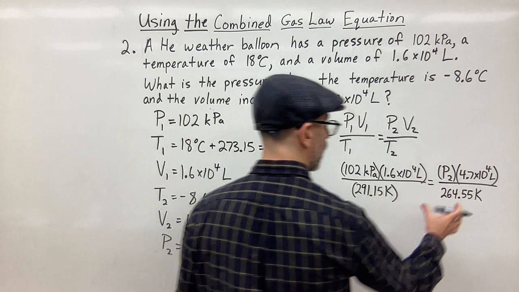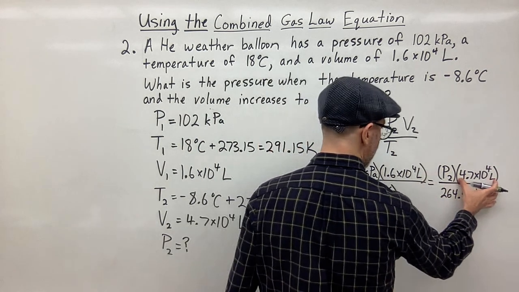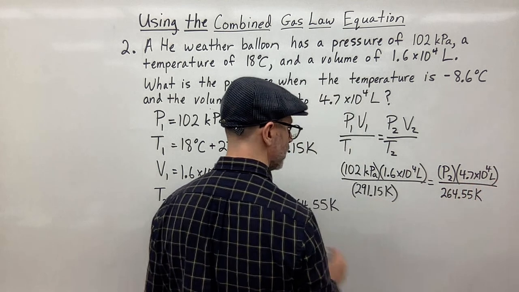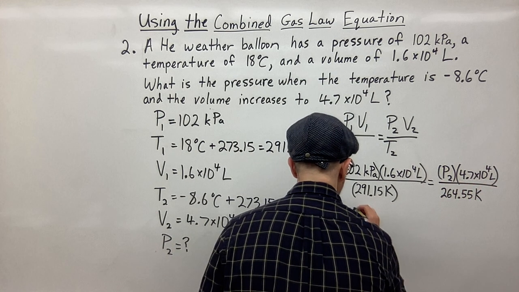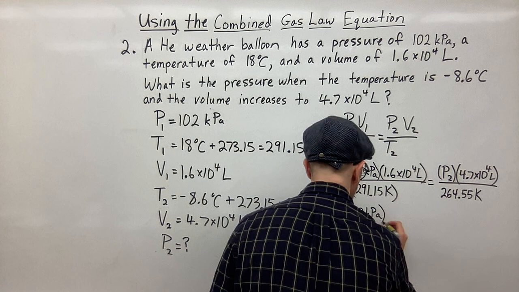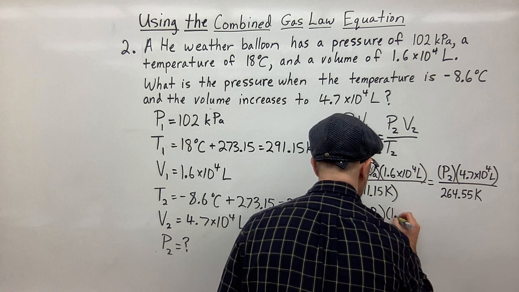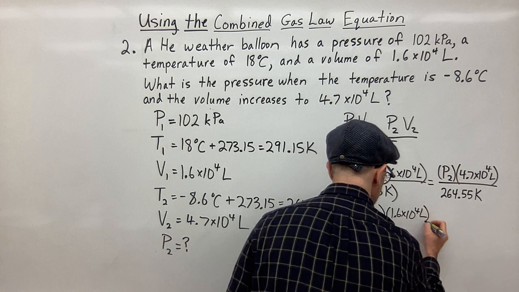So we're going to multiply by this on both sides. We're going to divide by the volume on both sides. And then we get what? We get 102 kilopascals multiplied again by 1.6 times 10 to the 4 liters.